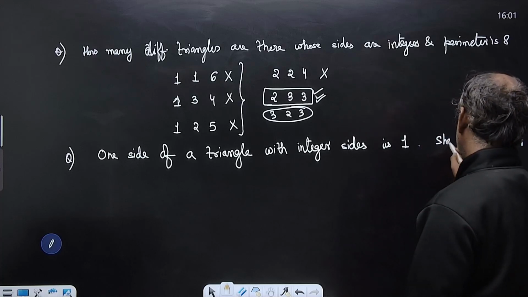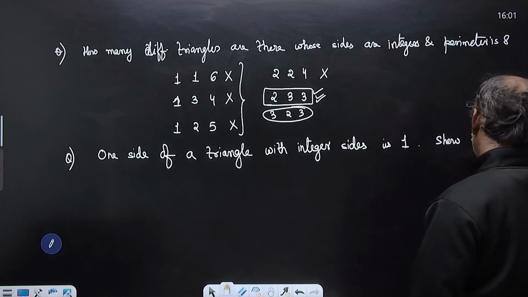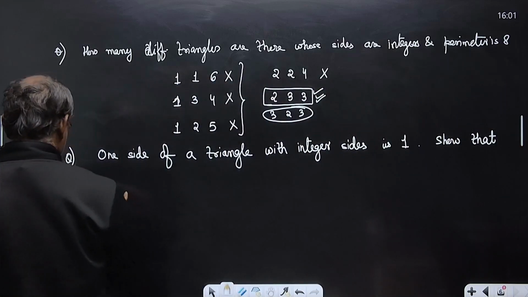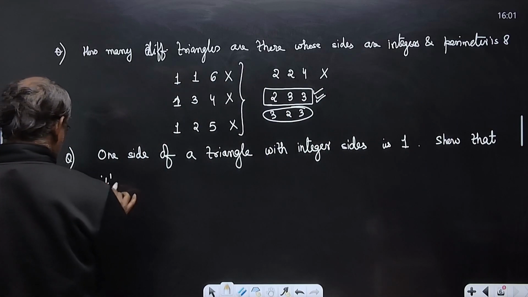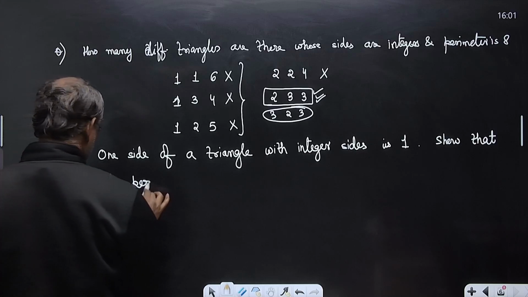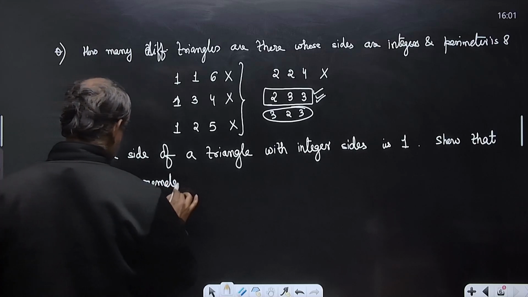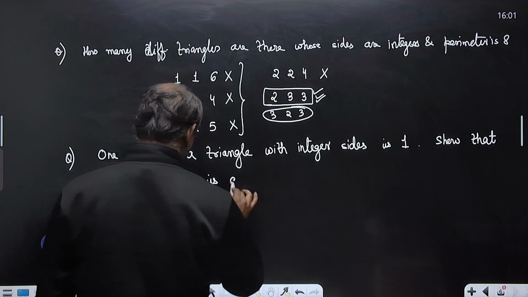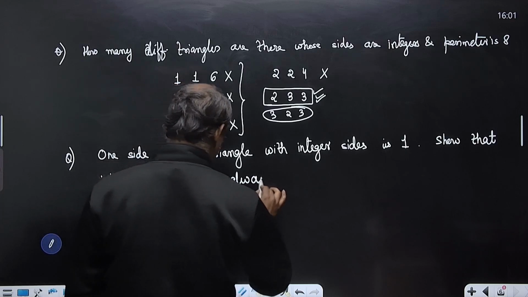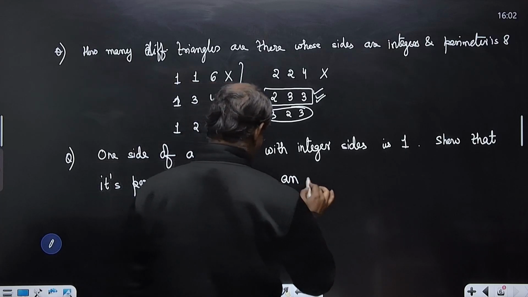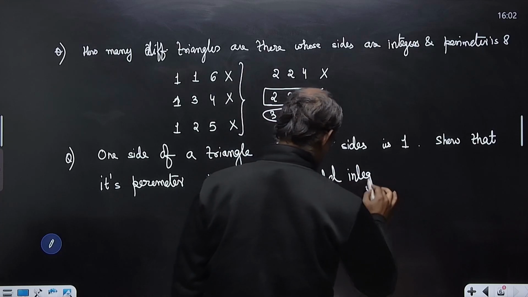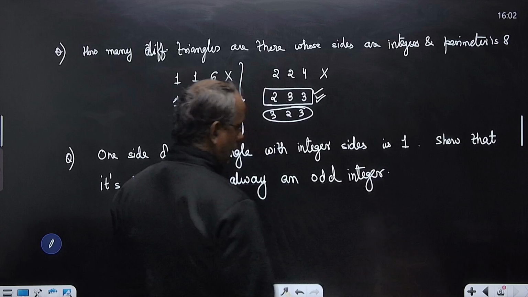Show that its perimeter is always an odd integer.